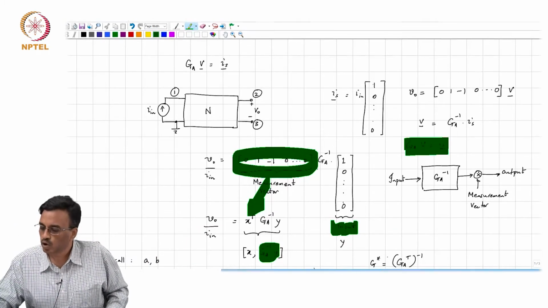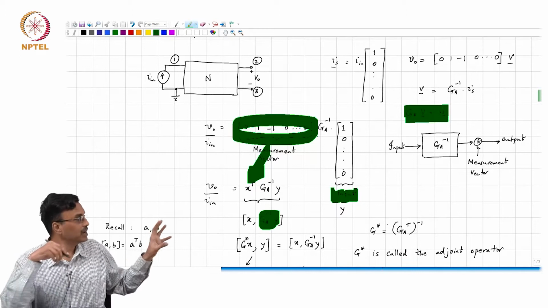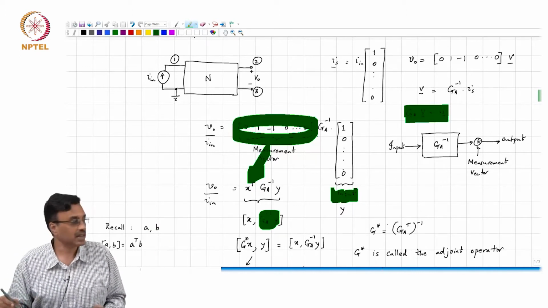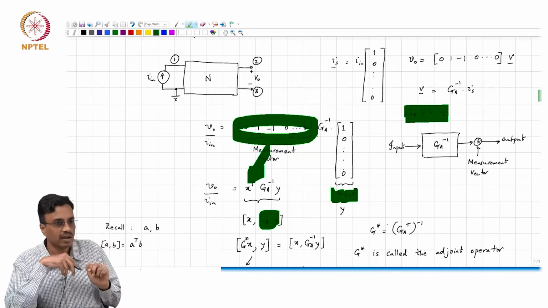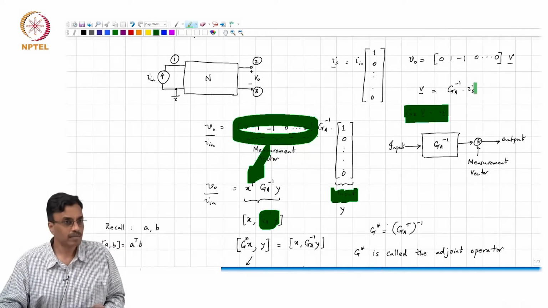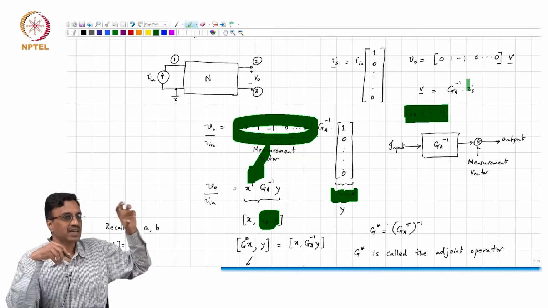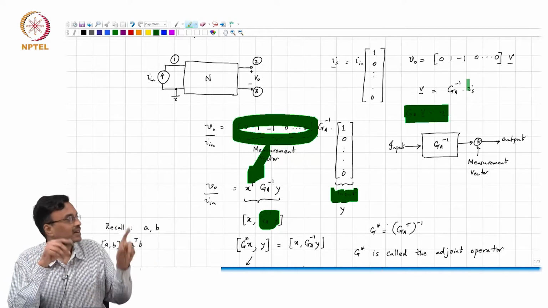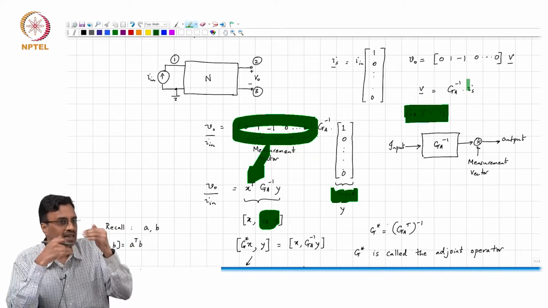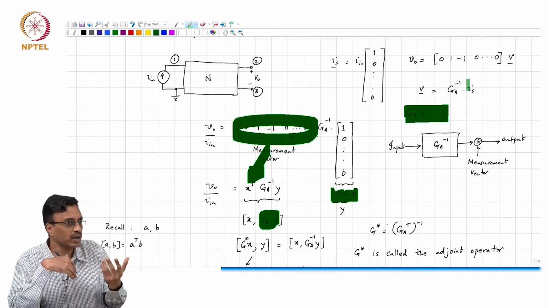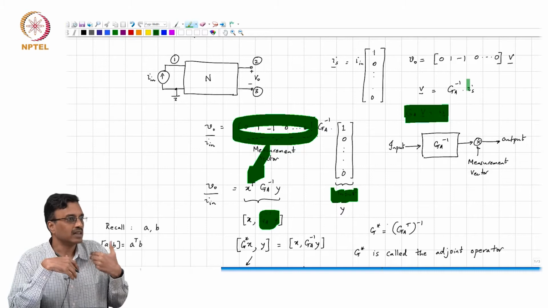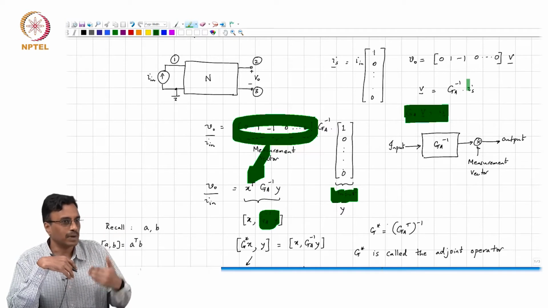So, when we have multiple input sources, as we were discussing yesterday, doing this by superposition is equivalent to finding GA inverse times IS for each source separately. So, in effect we are computing the inverse multiple times.